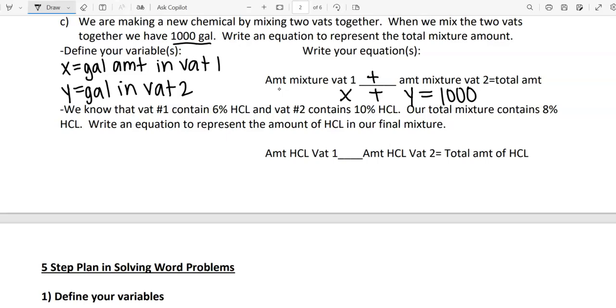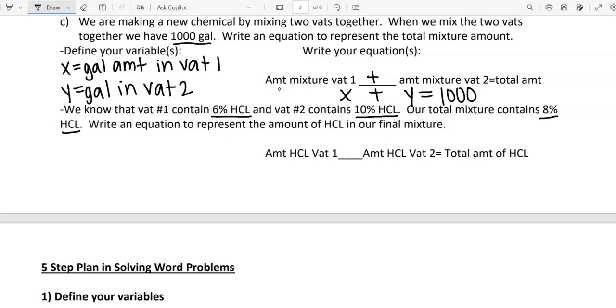Now we know that vat 1 contains 6% HCl and vat 2 contains 10% HCl. Our total mixture contains 8% HCl, and we want to write an equation to represent the amount of HCl in our final mixture. So if I want the amount of HCl in vat 1, what would I do to X to find that?